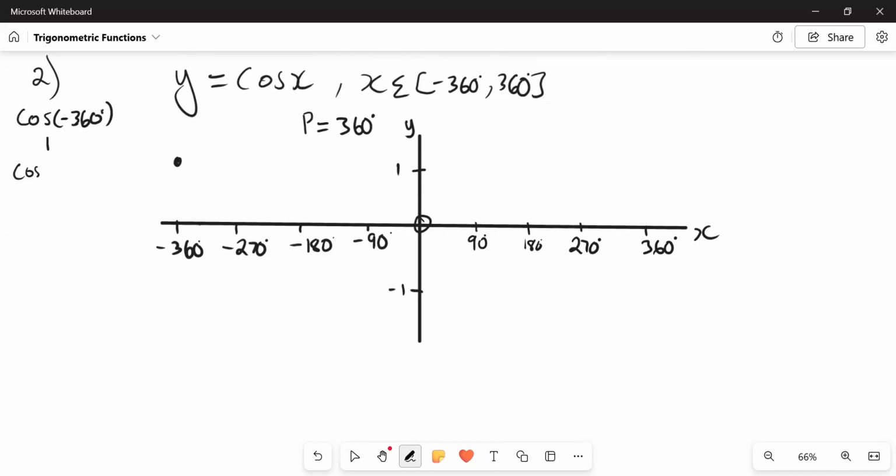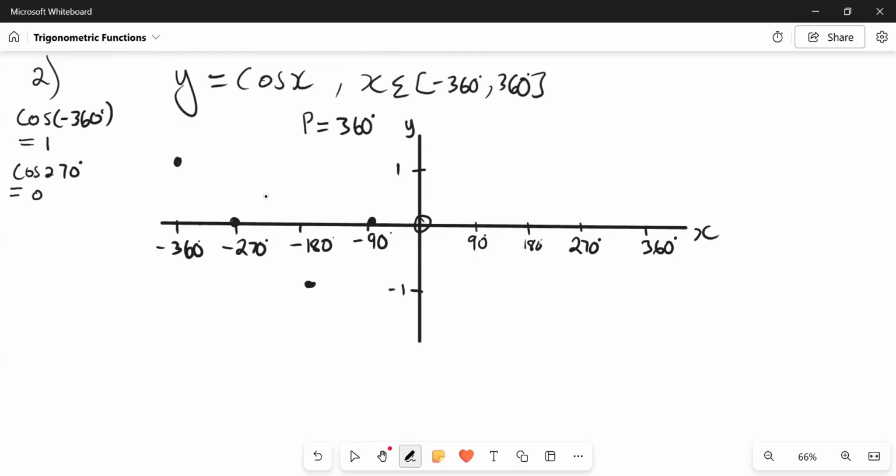Cos 270, you get 0 as your y value. So now you'll have your point there. And then we follow the same pattern. Now cos negative 180, that's negative 1. And then cos negative 90, that's 0.